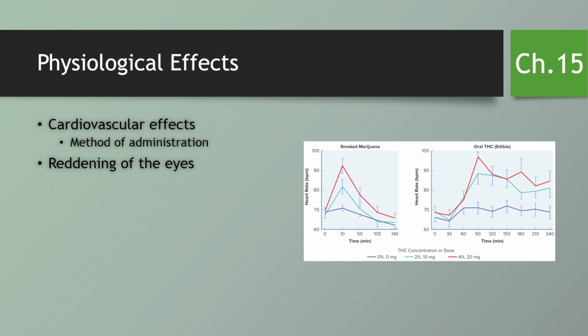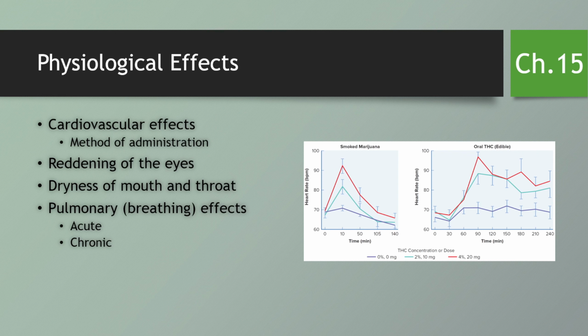Some other general physiological effects we see are things like reddening of the eyes, dry mouth and throat, often from the smoking component, and different pulmonary or breathing effects. These can be both acute, so pretty low effects acutely on breathing, though there may be subjective effects of this.